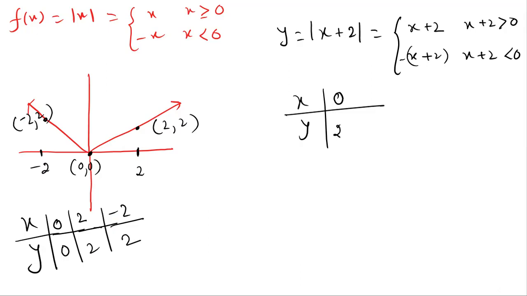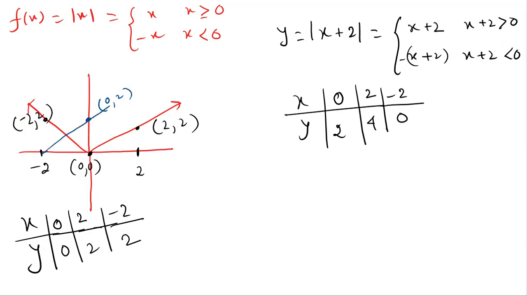It will become 2. And when you take x equal to 2, this will become 4. When you take x equal to minus 2, this will become 0. That means the graph will start from minus 2. And for x equal to 0, this will become 2. That means, let me take here 2, that is 0, 2.